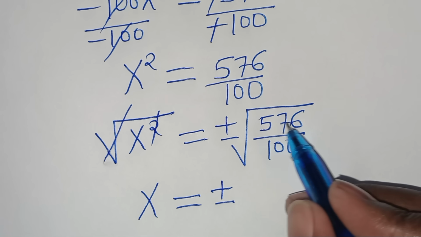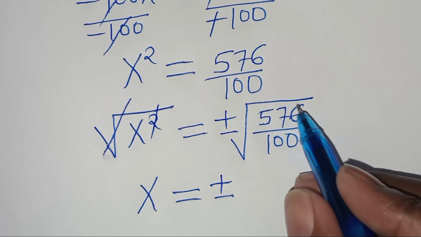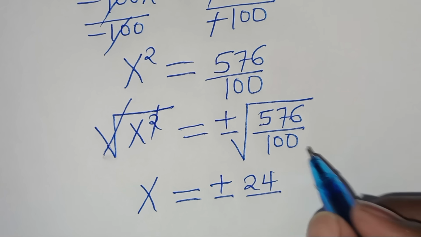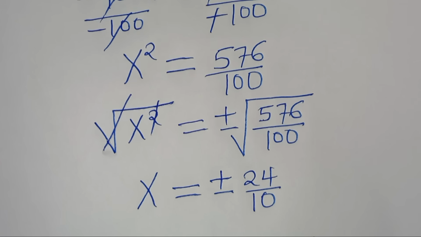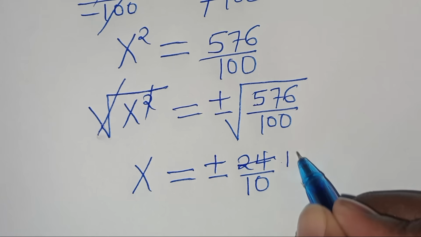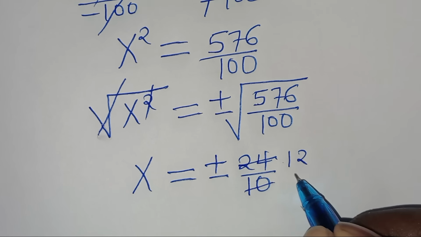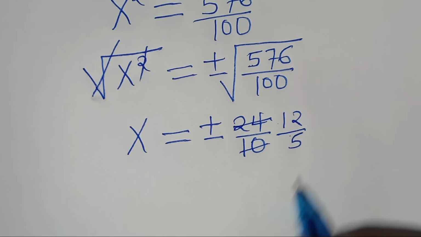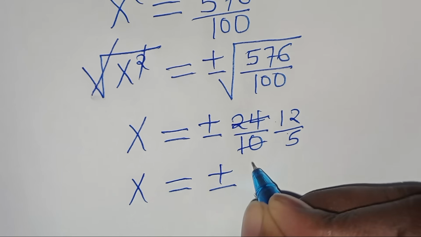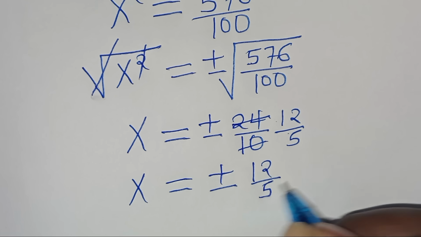We have the square root of 576, and this is equal to 24, divided by square root of 100, which is 10. Now we can simplify here. 24 divided by 2, this is 12. 10 divided by 2, this is 5. So we have x is equal to plus or minus 12 over 5.